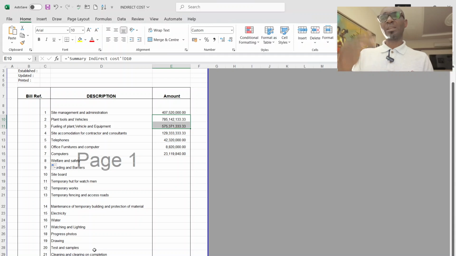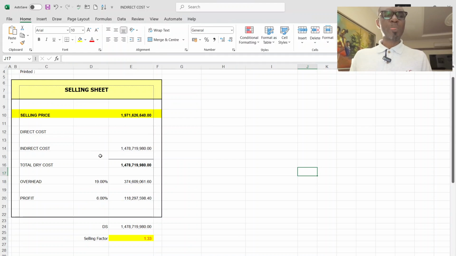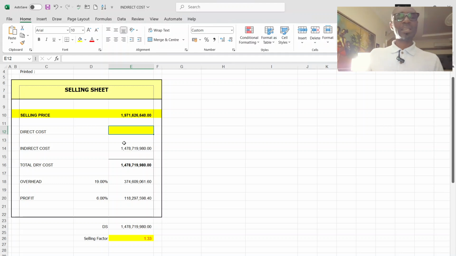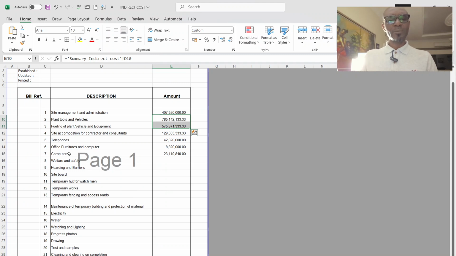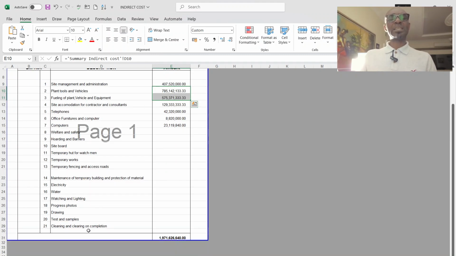I'm just going to take a bill that has excavation, concrete, reinforcement, say some finishing items, and I'll price it so that we can link it to this missing figure. As you can see in my selling sheet, I have direct costs, I have indirect costs. We're only treating the indirect costs. So the direct costs, I'll do that after I finish pricing all of this item in the sheet.